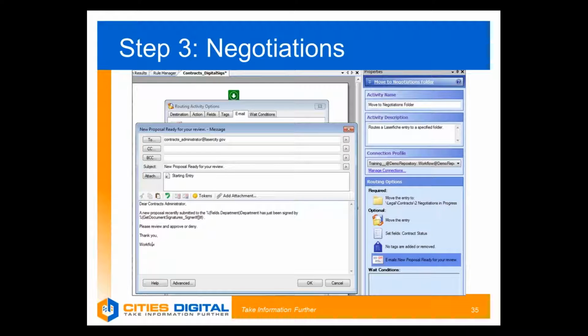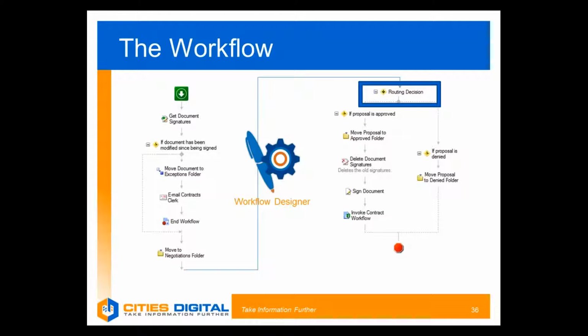And then after that, the person would mark it either approved or denied, and that goes to the routing decision here, where if it's in a pending review folder where the processing is invoked.